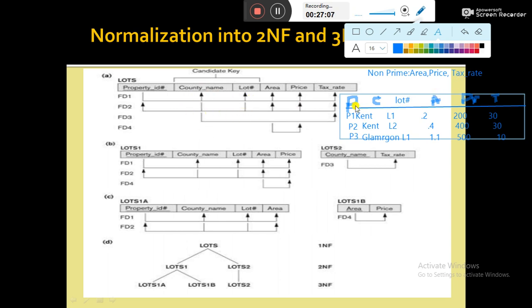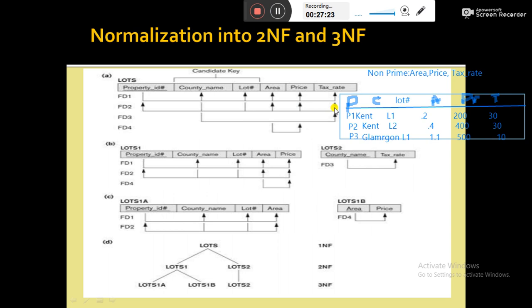Next, consider tax rate. Tax rate, arrow towards tax rate, is dependent on county name and lot number. That is okay. But if you consider the next case, functional dependency FD3, we can see that tax rate, arrow towards tax rate, is dependent on county name.